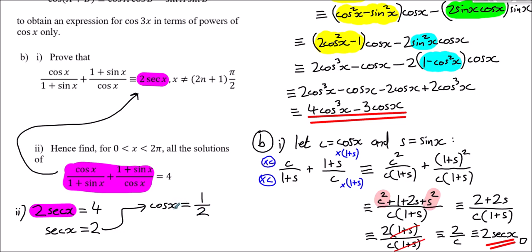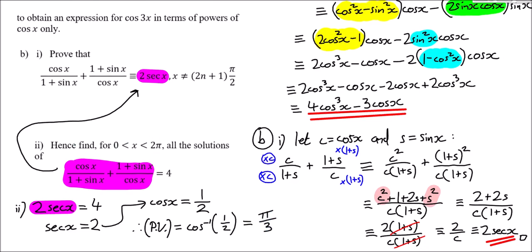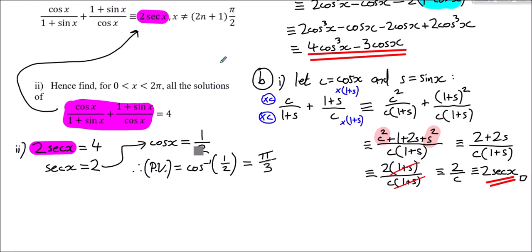So if we do cos minus 1 of 1/2 to get the principal value, you should find that gives you pi over 3. However, we're solving it between 0 and 2 pi.